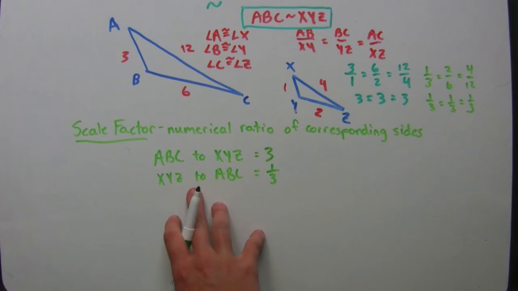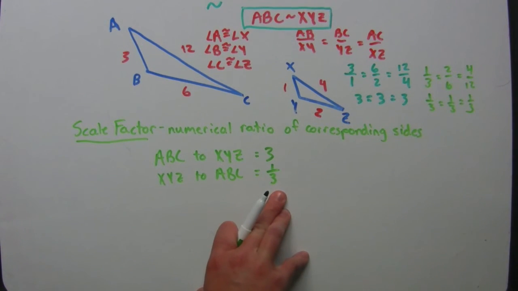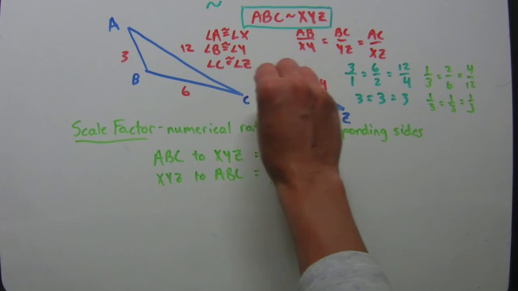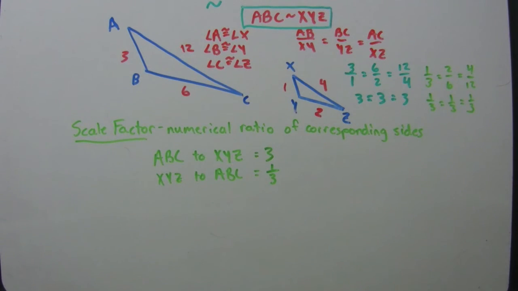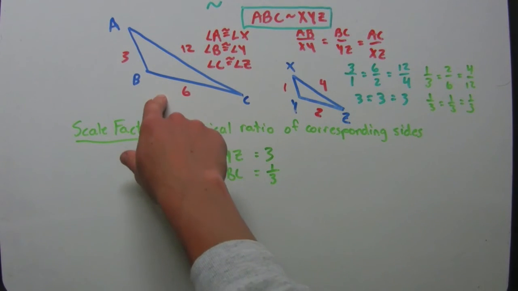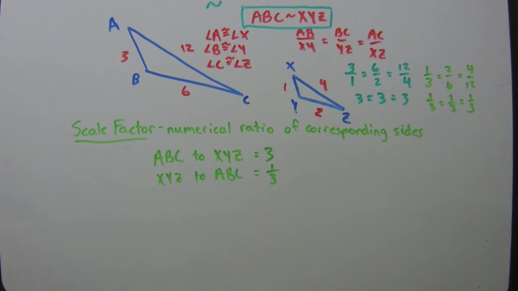So the scale factor going from XYZ to ABC is 1/3. Think of similar polygons as a shrunken or enlarged version of the same shape. Triangle XYZ is 1/3 of the size of ABC, and ABC is 3 times bigger than XYZ. And that is how proportions relates to similar polygons.